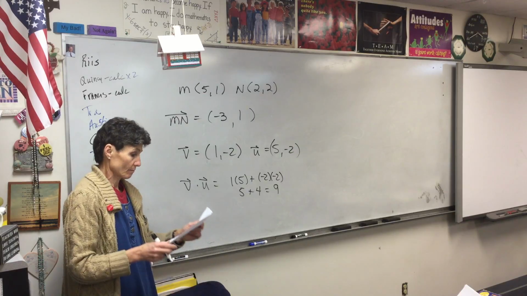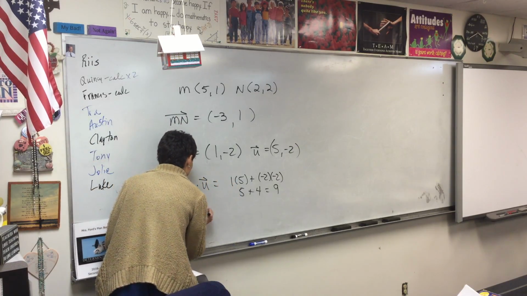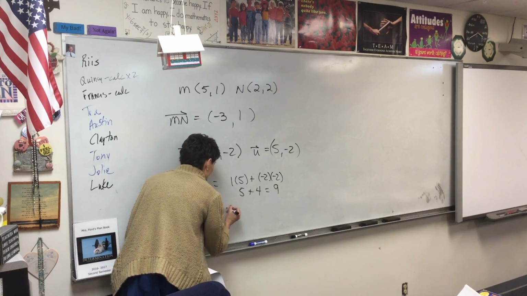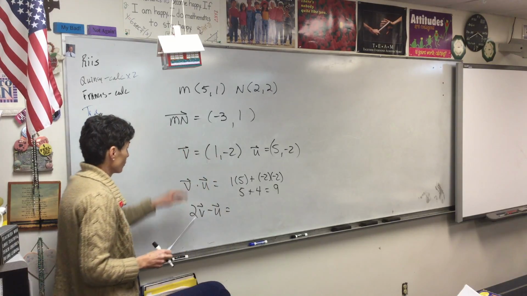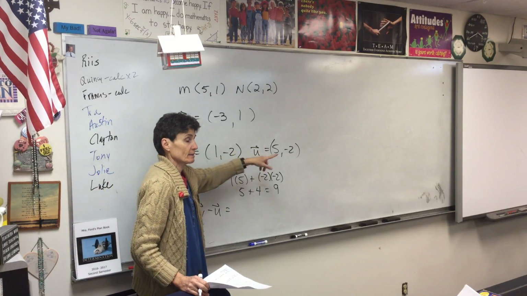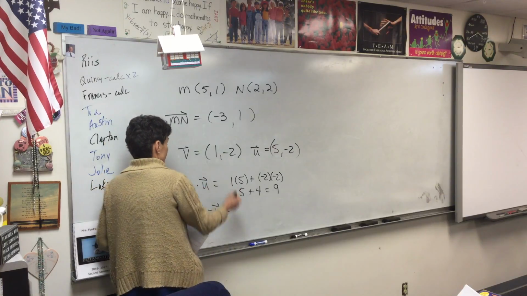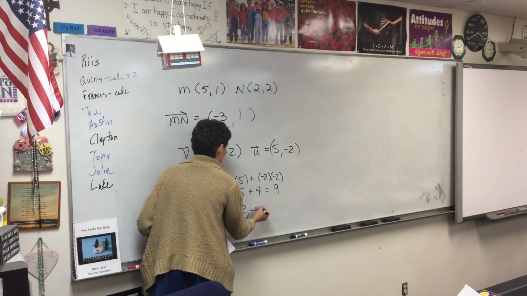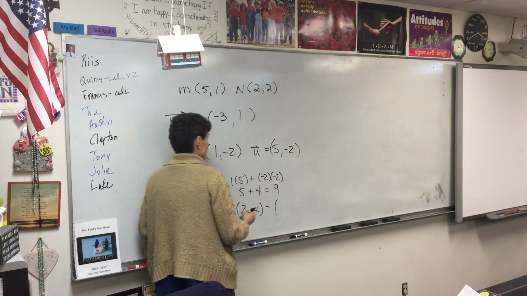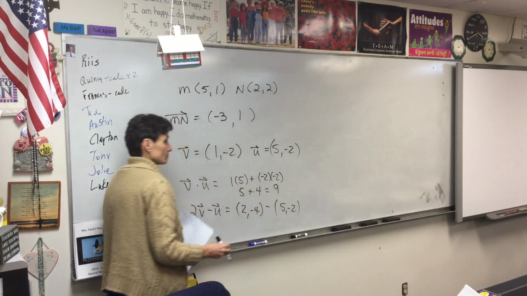Okay? Now B says 2V minus U. So we're going to take 2 V's and subtract U. All right, what would 2 V's be? 2, negative 4. And then we're going to subtract U, which is 5, negative 2.